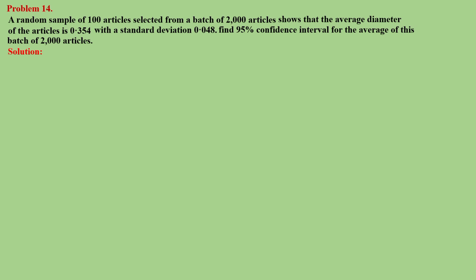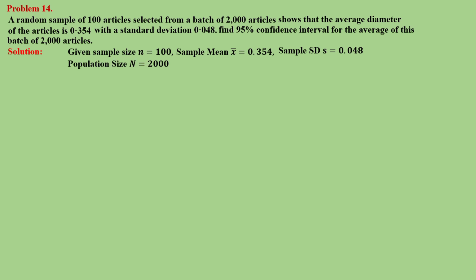We'll see the solution. Given sample size n is equal to 100, a random sample of 100 articles. Sample mean diameter, that is sample mean x bar, is equal to 0.354, and the standard deviation for the sample, small s, is equal to 0.048.